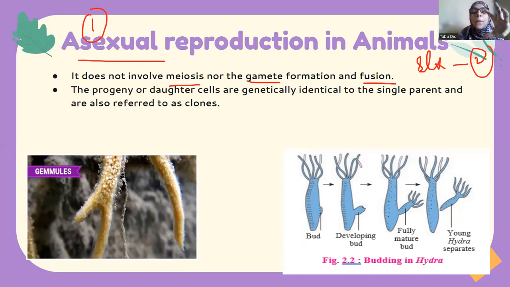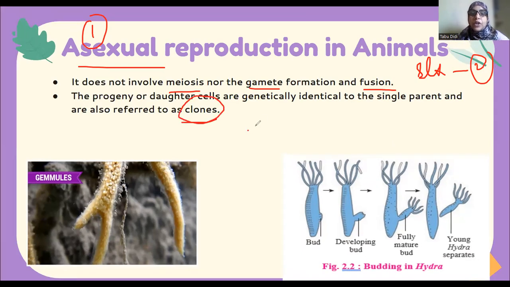Remember, we also discussed this term in the previous chapter, clones. They will mostly be termed as clones, exact Xerox copies. Like you do a Xerox of any document, it is exactly the same.